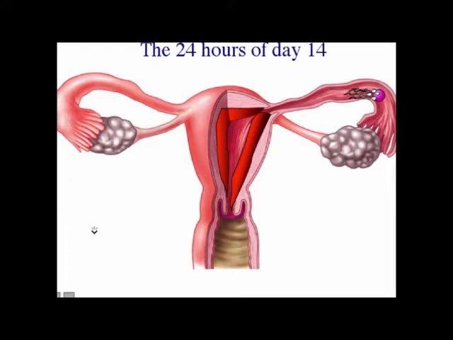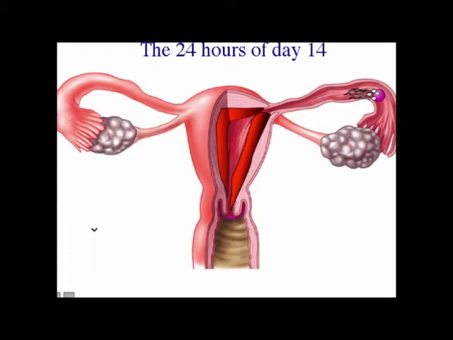So that's the time period right there when the egg is alive. So at first you might say, well, she can only become pregnant on one day out of her 28-day cycle, right? Because those are the only days when the egg is alive. Well, there's actually kind of a trick to it, and here's the trick.